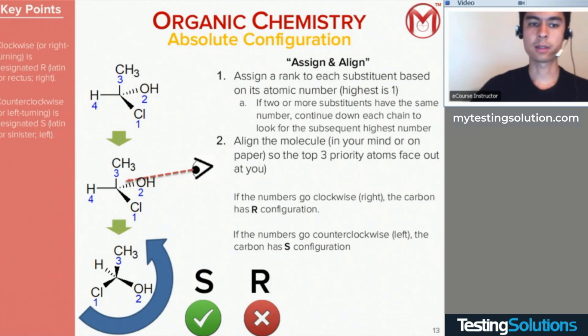Okay, now we've assigned the numbers. The next task is to align them. There's 2 ways that you can think about this. One is to actually think about the molecule moving in space and aligning appropriately. The other is to imagine yourself, and I prefer this one.